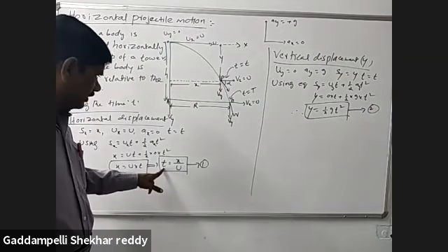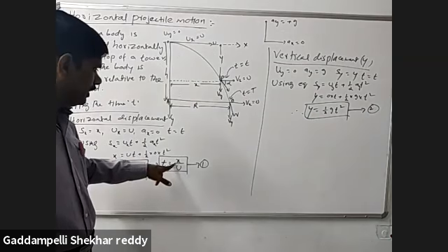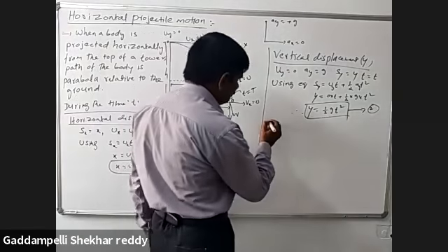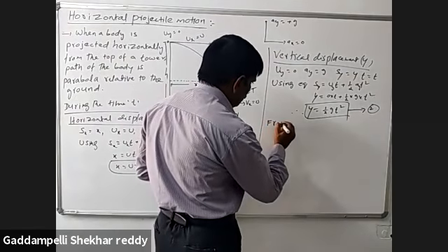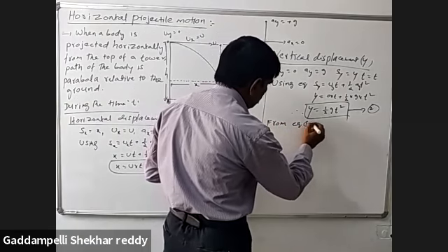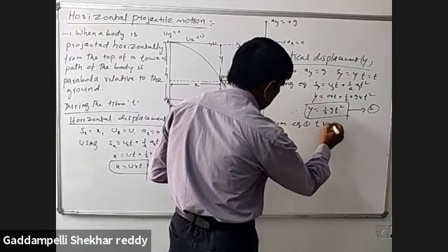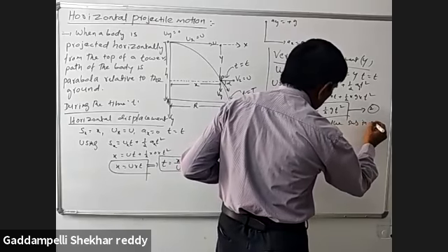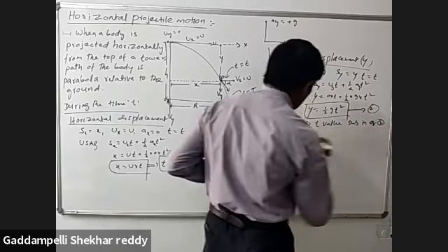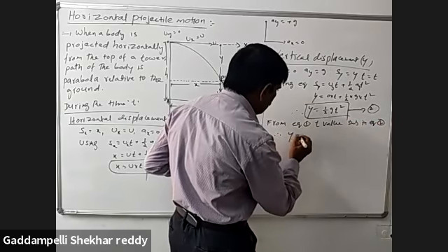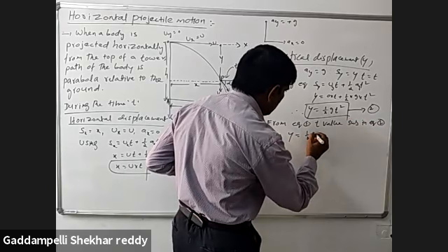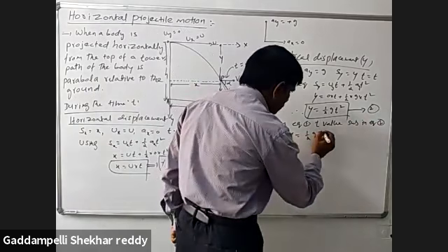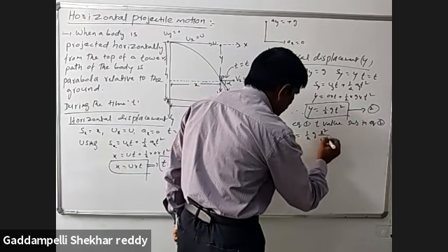In equation 2, y is equal to half of g t square. From equation 1, t is equal to x by u. Substituting the t value in equation 2, y is equal to half of g into x by u whole square, that means half of g x square by u square.